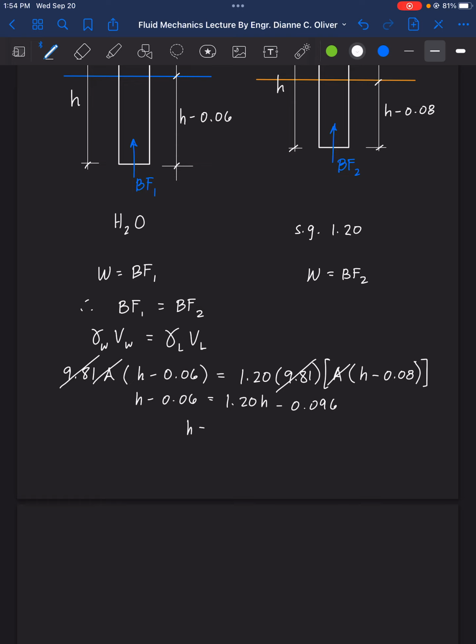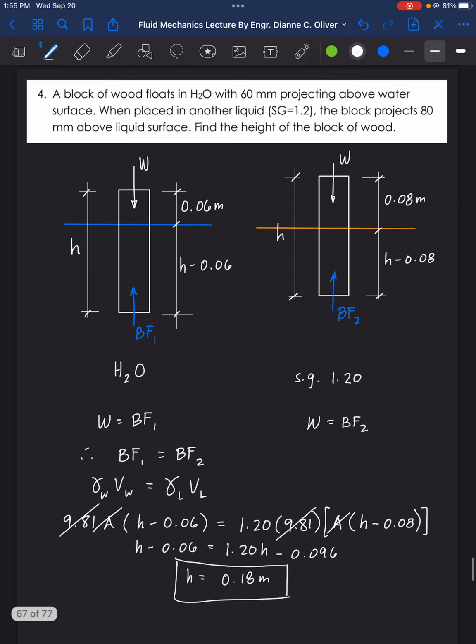Therefore, h is equal to 0.18 meter. So that's the answer for number 4.